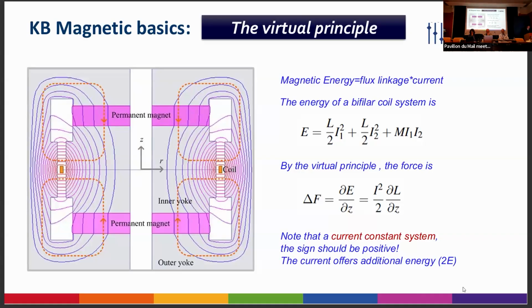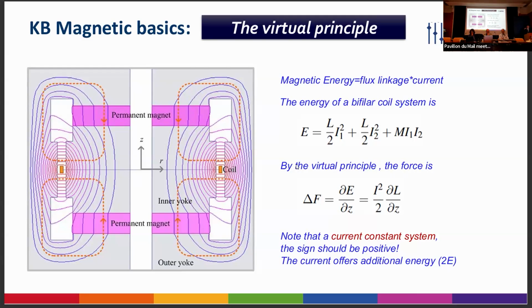Okay, the virtual work principle, I will not go into too much, because you can also find these concepts in physics books. Typically, we sometimes use a bifilar coil instead of a single coil. Just for a general case, we write the energy of a bifilar coil with 2 coils. It is the self-inductance energy plus the mutual inductance energy.